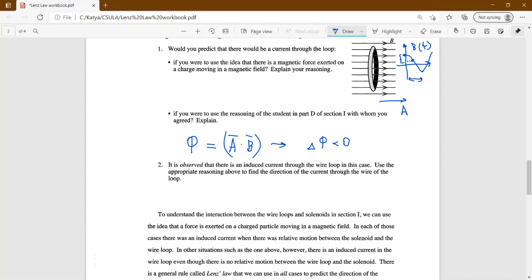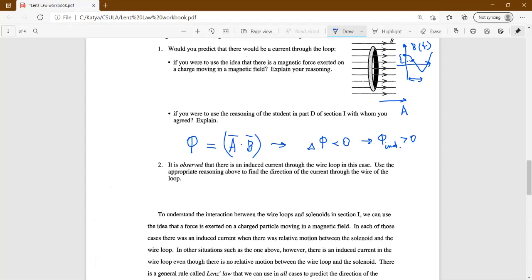What will the induced current do? The induced current must create induced flux, which is positive, right? To compensate for this change. So we have less flux, so the induced current is going to create more flux. More flux means the flux is positive. Flux is positive when the area vector coincides with the B vector. So what kind of B vector is supposed to be created by this current?